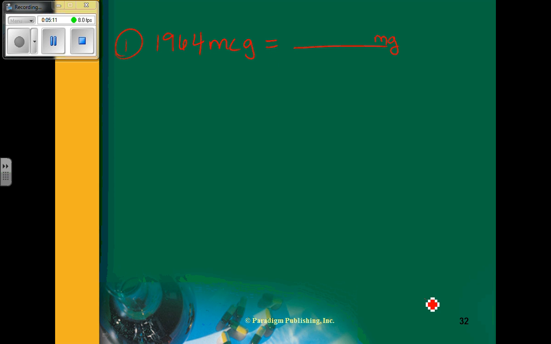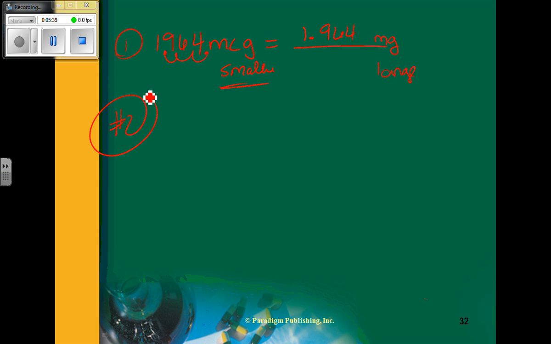Micrograms is a smaller unit than milligrams, so going from smaller to larger you move it to the left, because a smaller population of people are left-handed. It's a whole number, so we add the decimal here and move it 1, 2, 3, which makes it 1.964 milligrams.